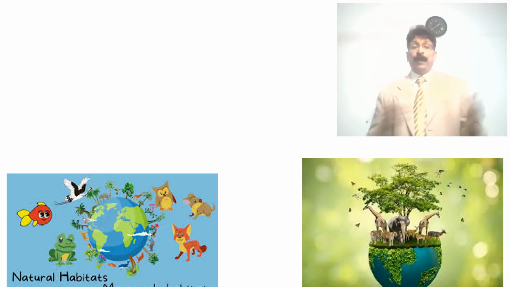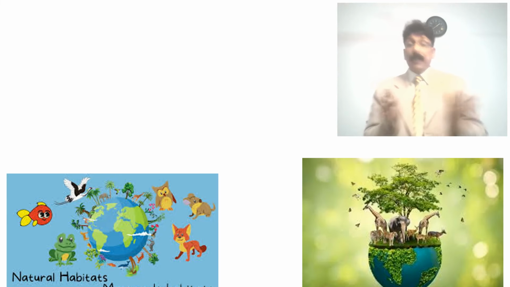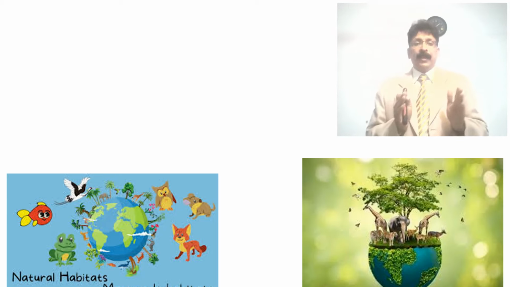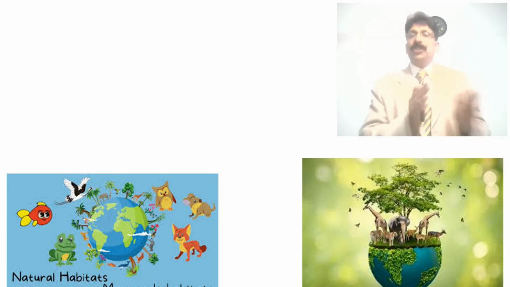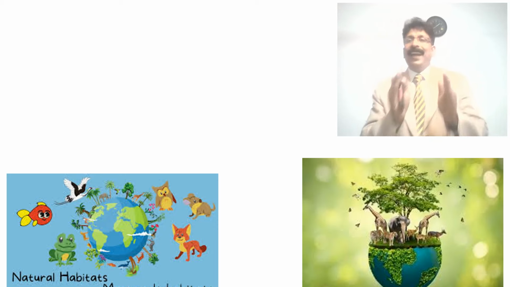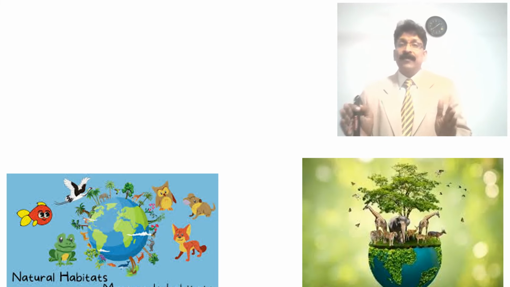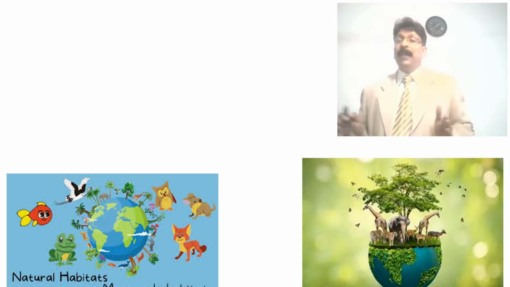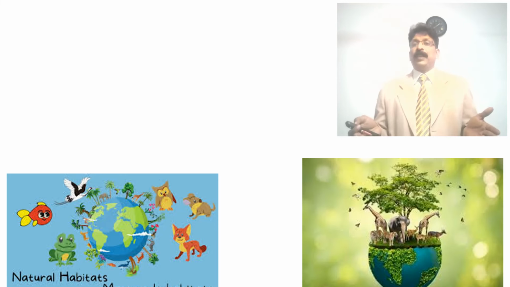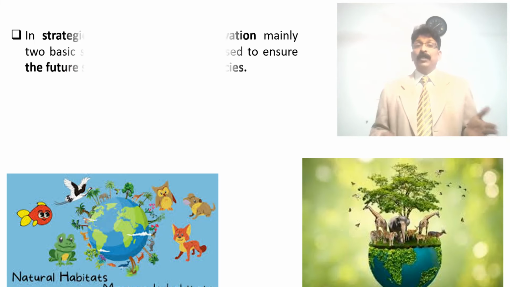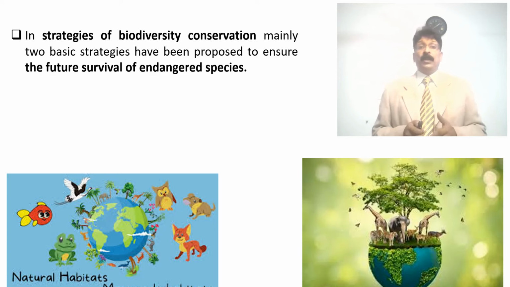From this itself we can make the difference very clearly. Natural habitat is in situ and ex situ means man-made habitat. There are two different types of conservation of biodiversity, and you should know the difference.